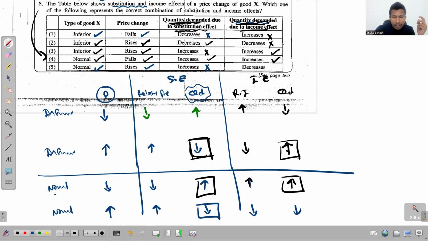As per the discussion we had, it should decrease. And under income effect, they say that QD should decrease. Yes, it's true. QD should decrease, but somehow this middle part of this answer is wrong. So the whole option is wrong. So the answer for this question 5 is the fourth one.